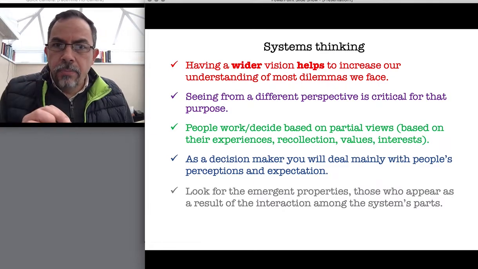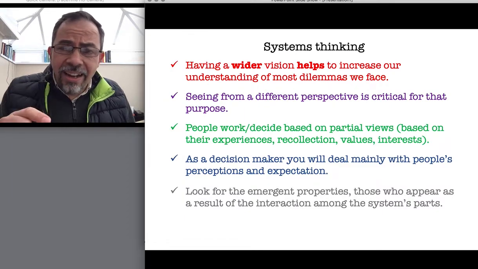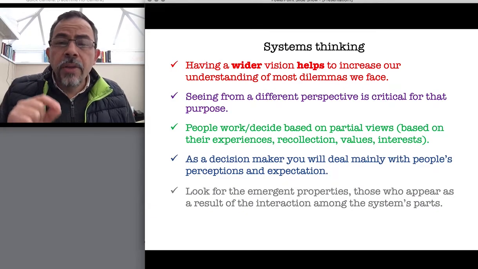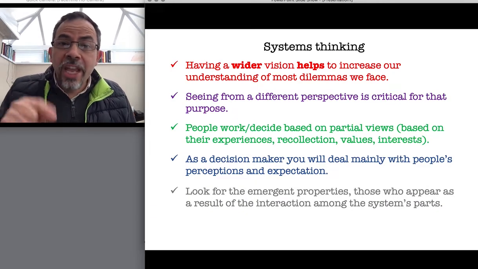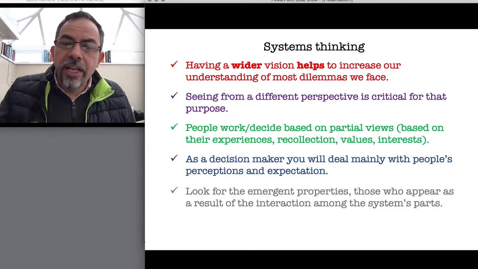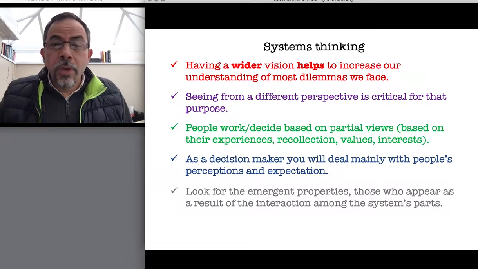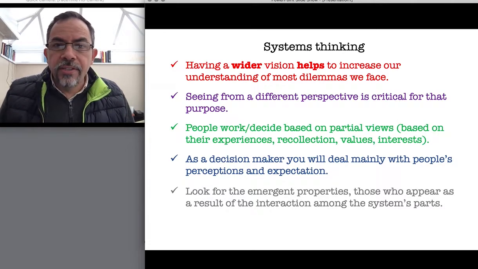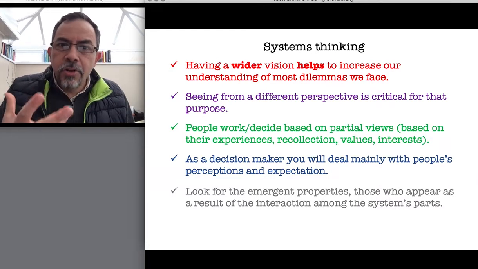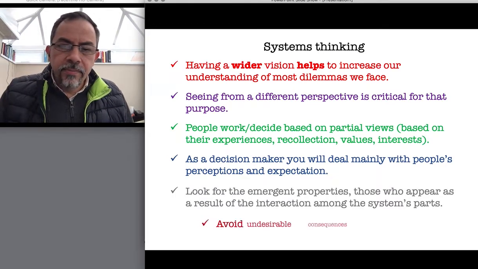So every time you are in charge of making decisions, of analyzing a problem, identify what those emerging properties are and make sure they appear, because more often than not they require intervention in order to make sure those are the right emerging properties. We can have negative emerging properties. You can get two people together and they can hate each other. So hate is an emerging property. So make sure you have the right emerging properties.